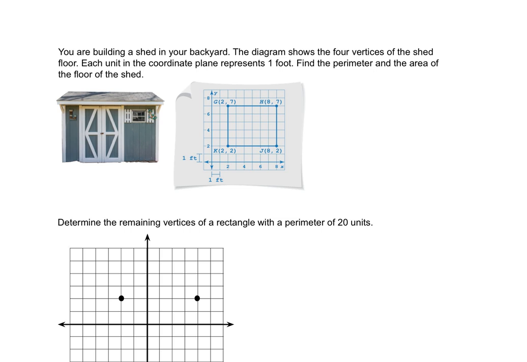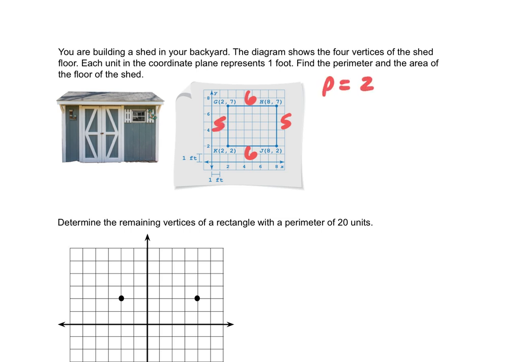So in order to find the length of each side, all I got to do is count. 1, 2, 3, 4, 5, 6. And because it's a rectangle, if the top is 6, the bottom is 6. The sides, 1, 2, 3, 4, 5. Because it's straight up and down, because it's vertical, my width is 5.